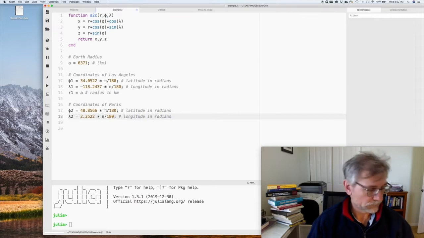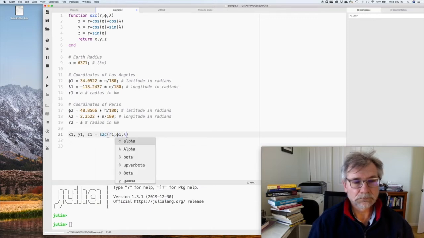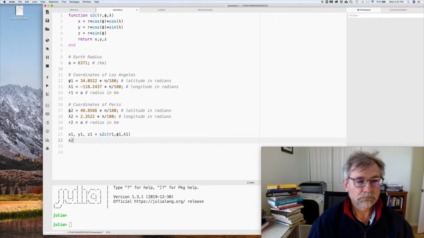That's the longitude. And then the radius is A again. All right, now I'm going to convert these spherical coordinates into Cartesian coordinates using the function I created at the top, s to c, putting in r1, phi1, and lambda 1 for Los Angeles, and same thing for Paris, using r2, phi2, and lambda 2.